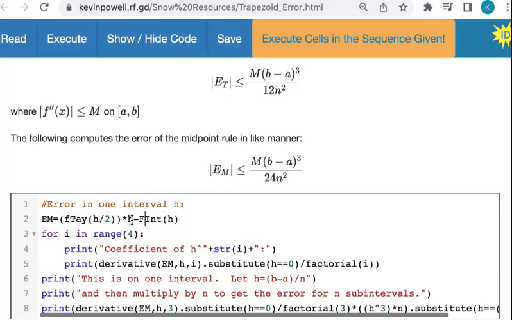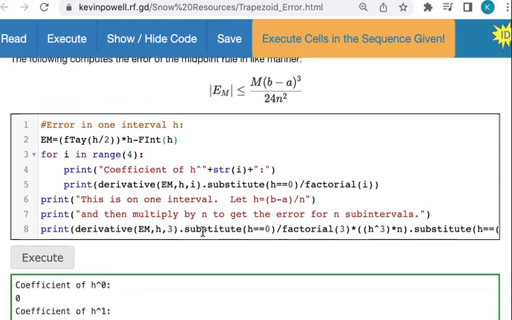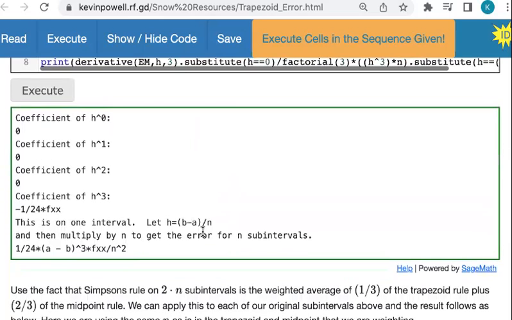So here you have this calculation for the midpoint. Now, this is really just the midpoint on one subinterval. It's really easy. You just take the function itself, f, and you plug in the middle of the interval, and then you multiply by the length of the interval. That's it. Okay, and this actually gives you the Taylor series for the error in terms of h, and then we just figure out what the lowest occurring non-zero term is, and we see it's this.